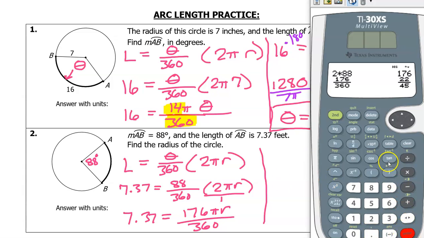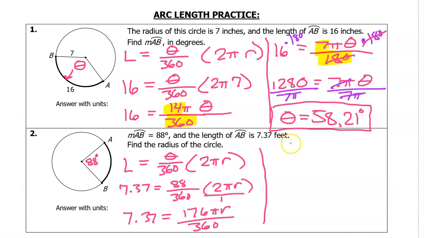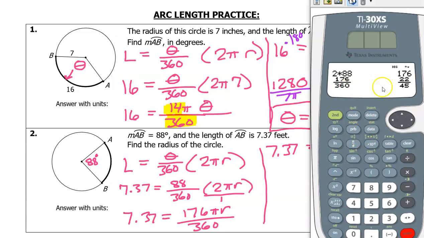All right, so that's 22 over 45. So I'm going to have 7.37 is equal to 22 pi r over 45, right?